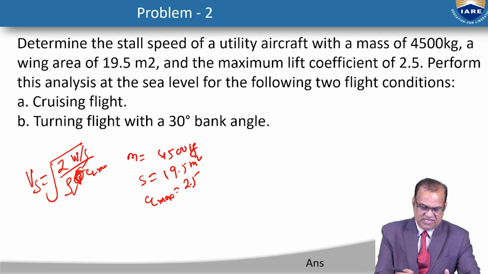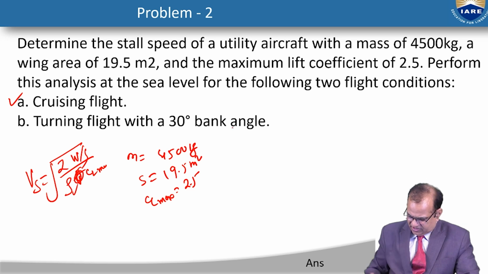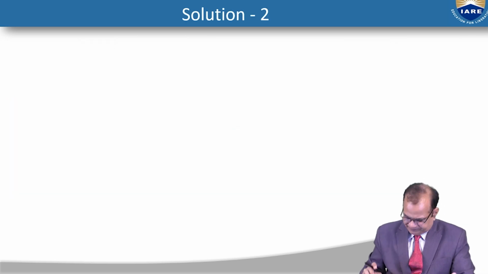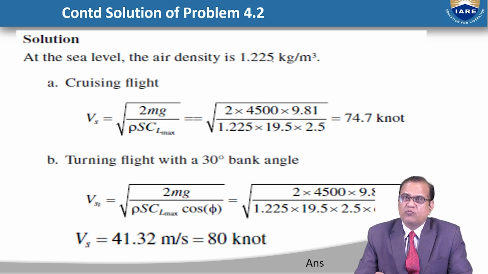So this directly you can find out. And for the turning flight, now you have to add the 30 degrees. So we will see. At sea level, the air density is 1.225 kg per meter cube. If it is not given, we have to remember this because it is a constant value and everyone should know.